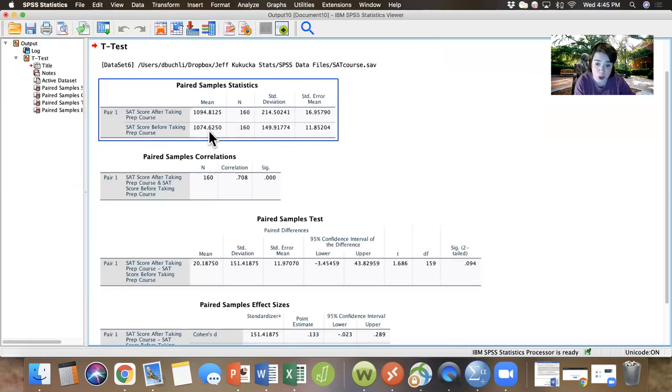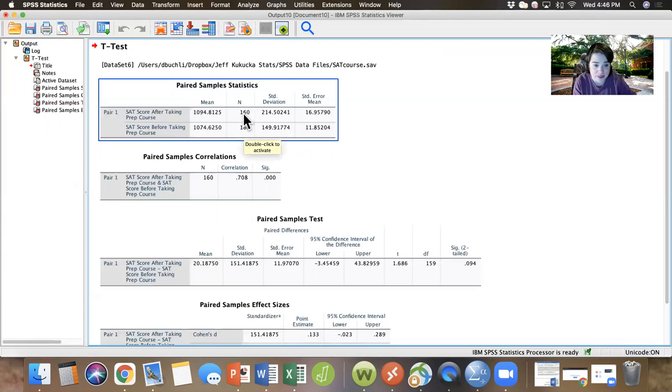But in order to determine whether we can reject the null hypothesis that these scores are equal to each other, we need to look at our t statistic, right? And just so you know, we also have n here, which represents the sample size.